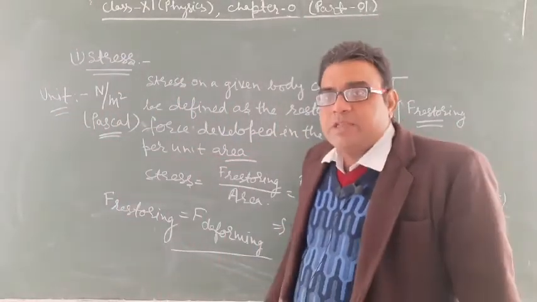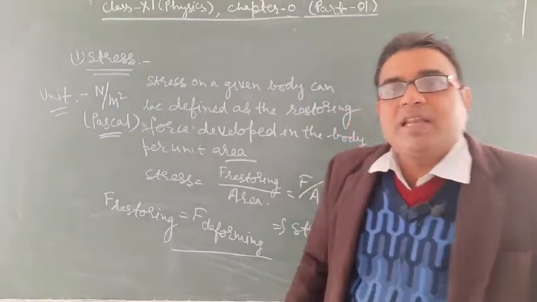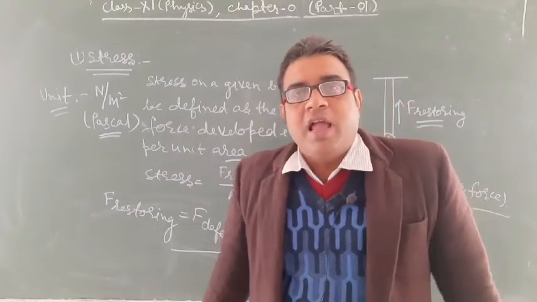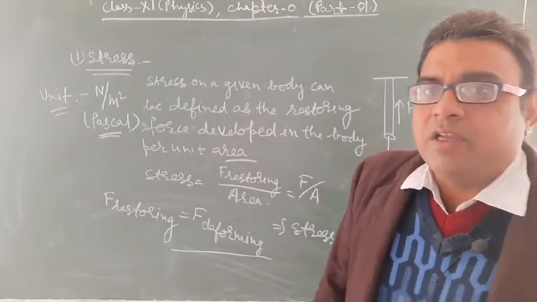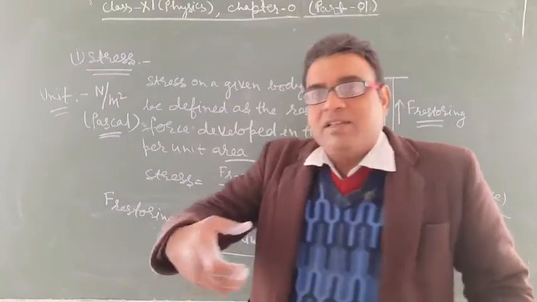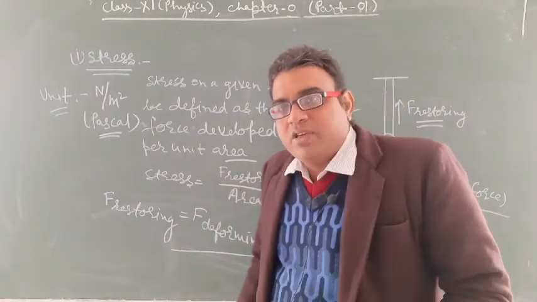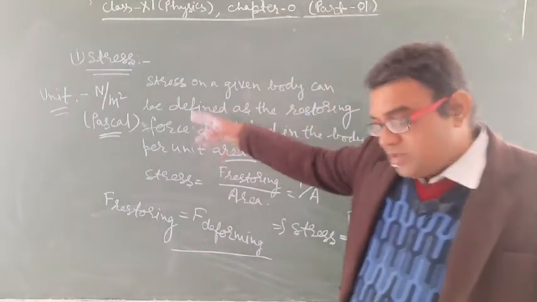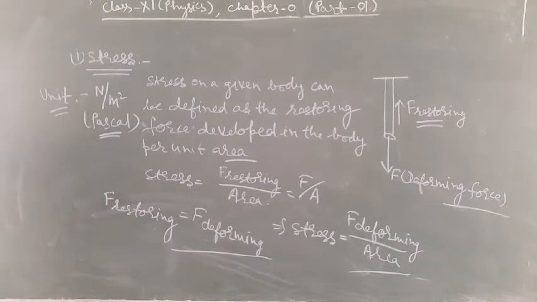Force per unit area is pressure also, but stress cannot be confused with pressure, because pressure is the external force and stress is the restoring force which is developed by the body. So stress is that force which is developed by the body to bring the body to its original shape, and the unit is the same, Newton per meter square or Pascal.